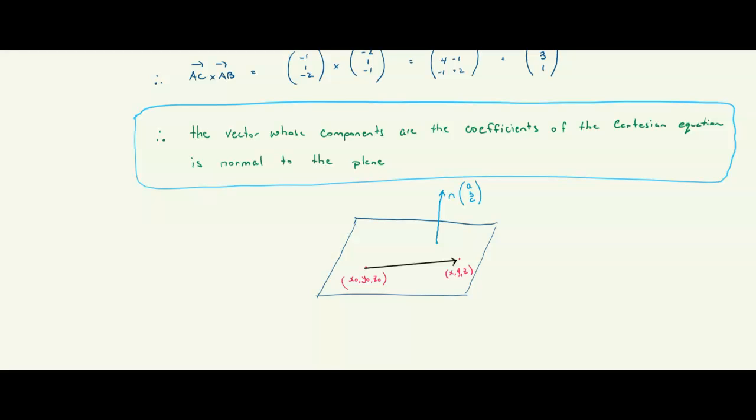So I've set up a plane here with a fixed point x naught, y naught, z naught, a general point x, y, z, and normal vector ABC.